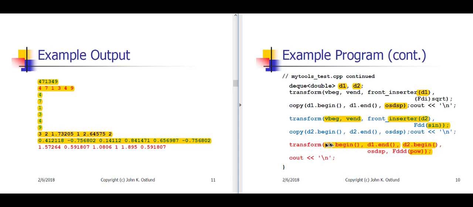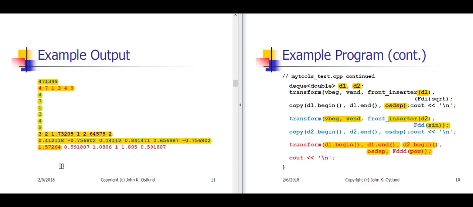So the x values are the square roots taken from D1, and the y values, the power values, are the sines taken from D2. And so what we're doing here with pow, in effect, is computing some square root to some sine power. And all of that output is going to the output stream for doubles with a space in between. Okay, so 1.57264 is 3 to the 0.412118 power, etc.